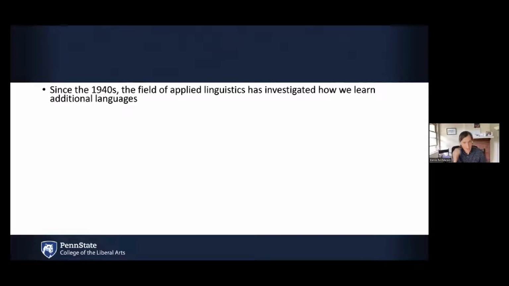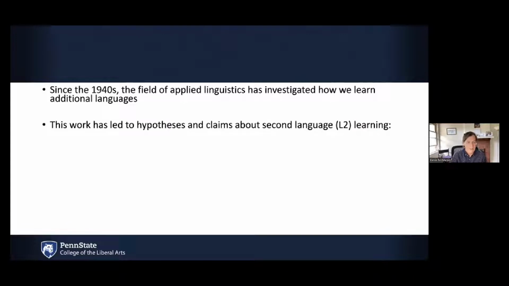I'm going to start from the 1940s, because from that point our field was really starting to get to grips with trying to understand how it is that we learn and use an additional language. And as you can imagine, a lot of that work, from the 1940s right up to what we're doing right now, has led to quite a lot of hypotheses and claims about how second languages are learned and used.